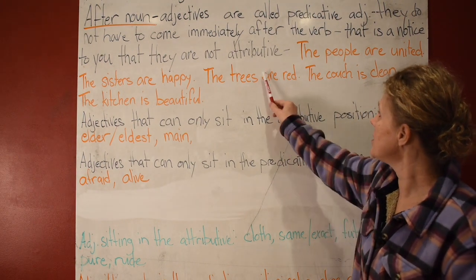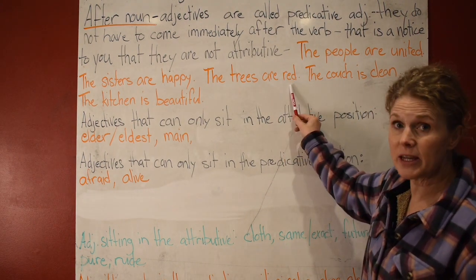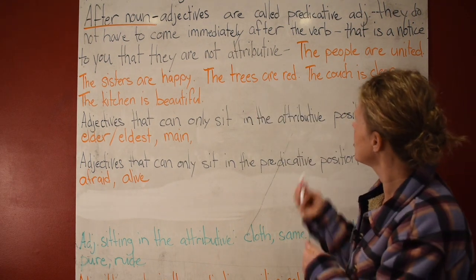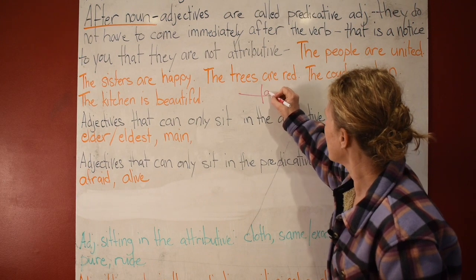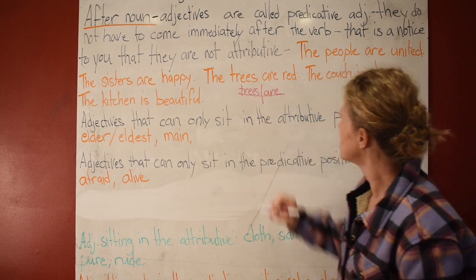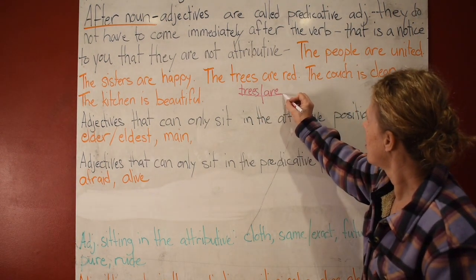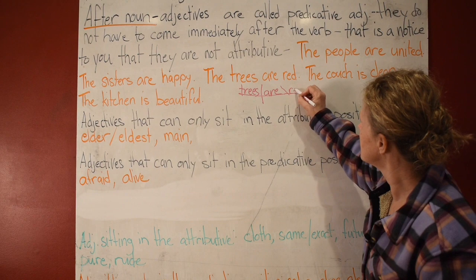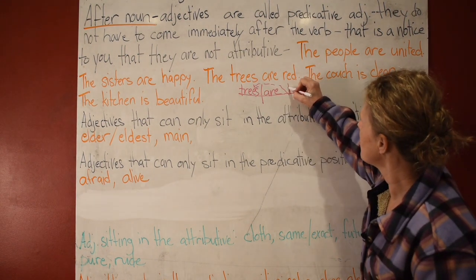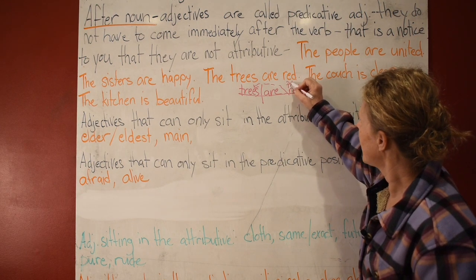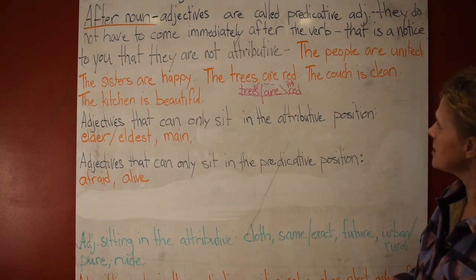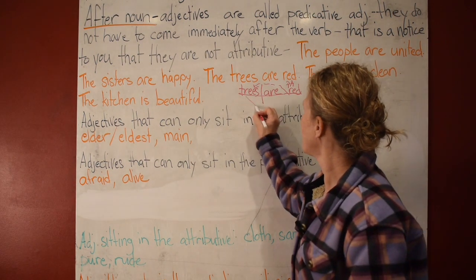Are. Now, this is a linking verb, linking this adjective back to trees. So you would diagram it like this: trees, are. So the trees are. Okay, they are red. It's describing the trees. This is your predicate adjective, and this is the predicative position. All right?